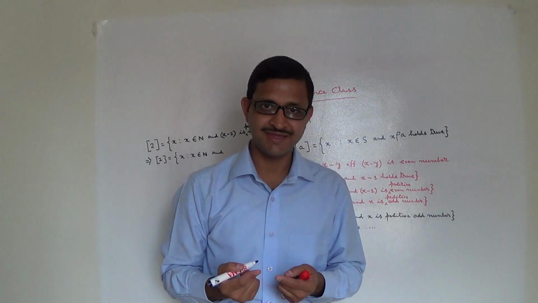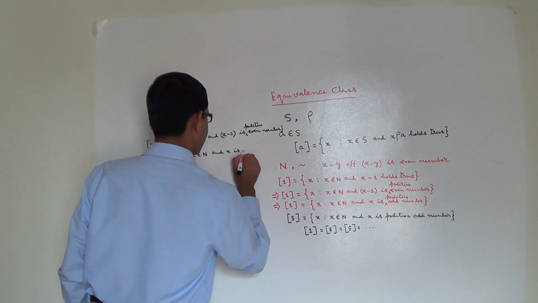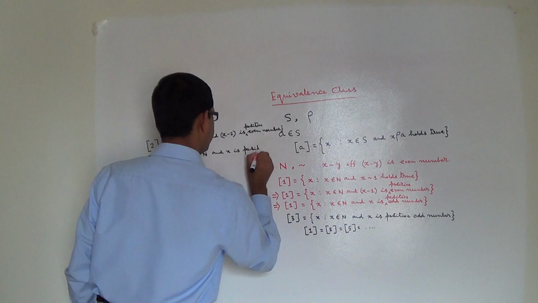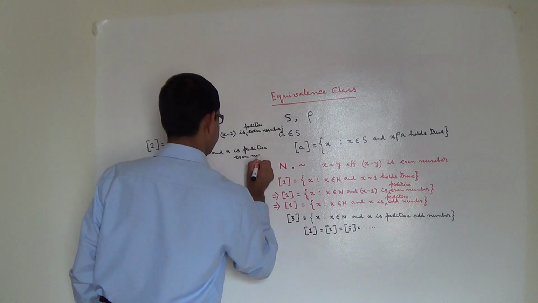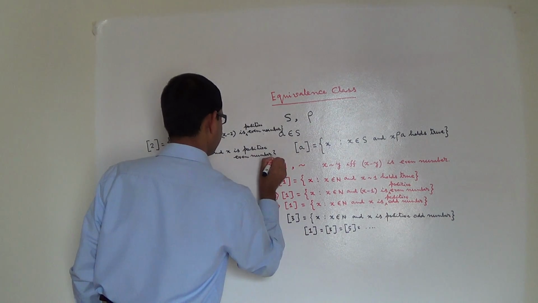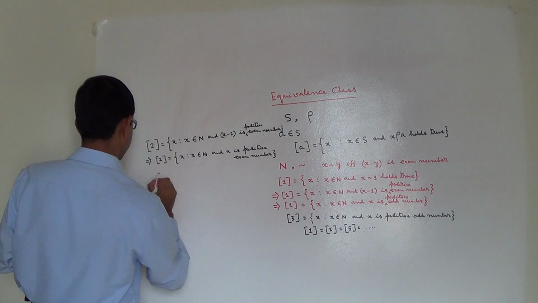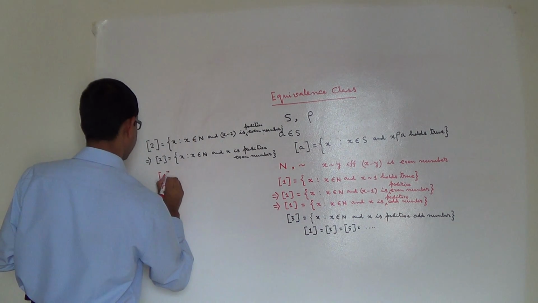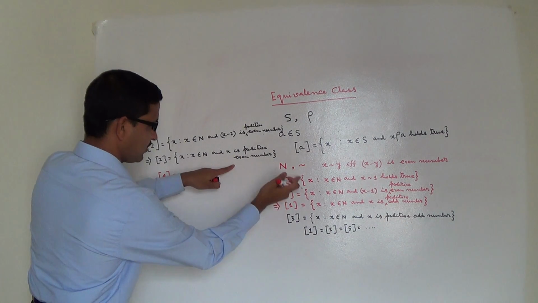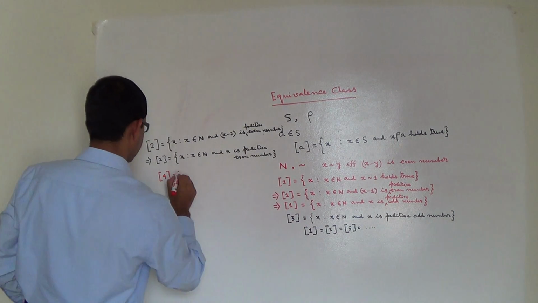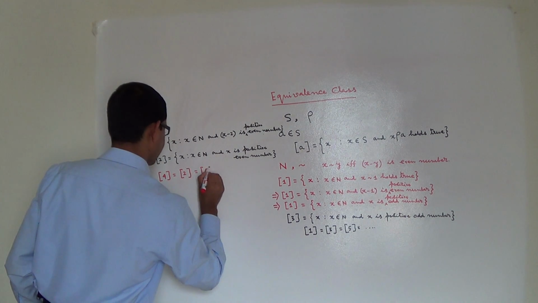That implies x is also even and x is a positive even number. Similarly, if you consider the equivalence class for the element 4, it will again be x belongs to N and x is a positive even number, going by the same logic. So that will be equal to the class of 2. That will be equal to the class of 6, like that.